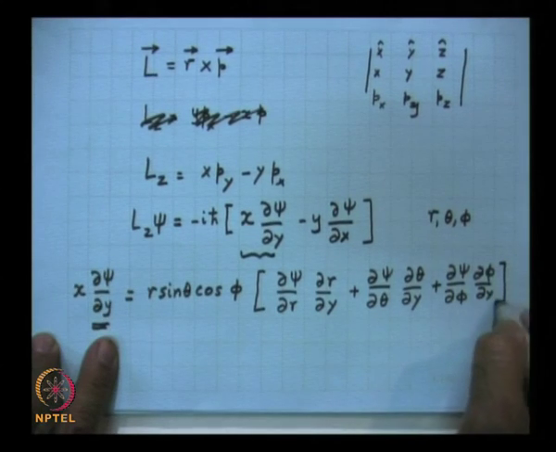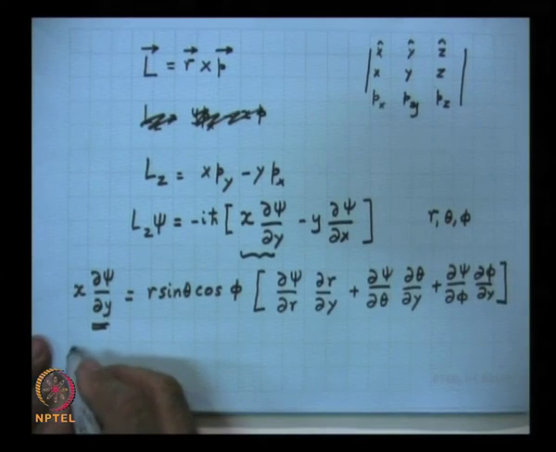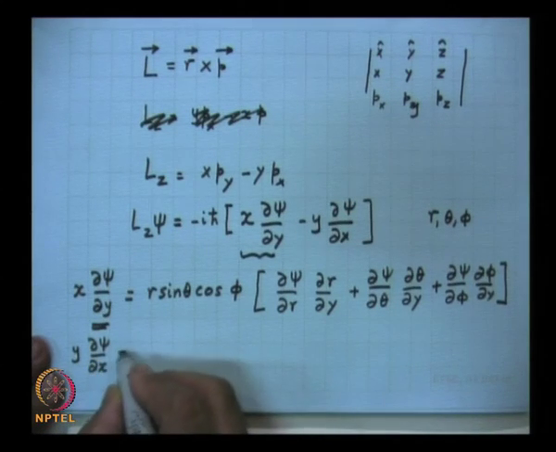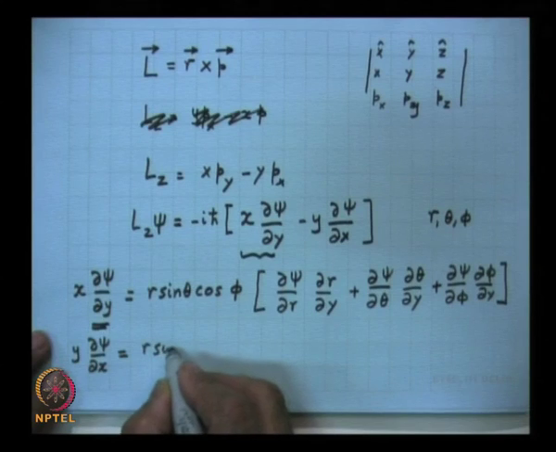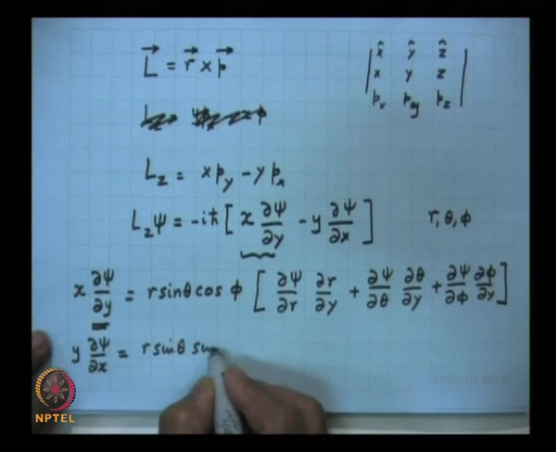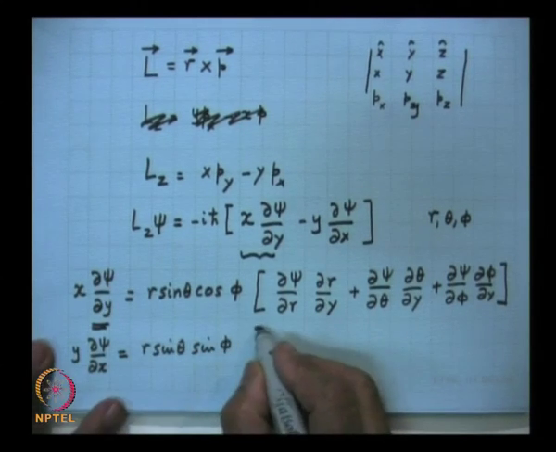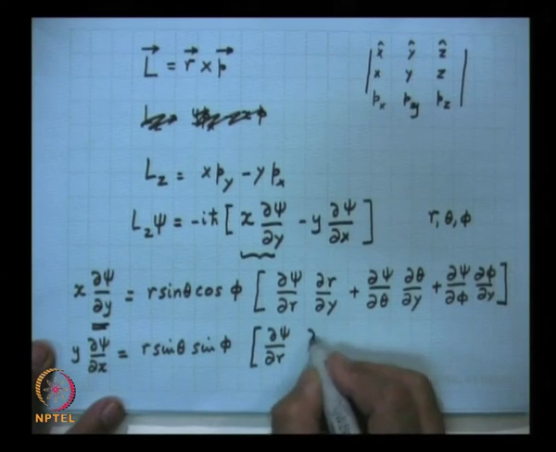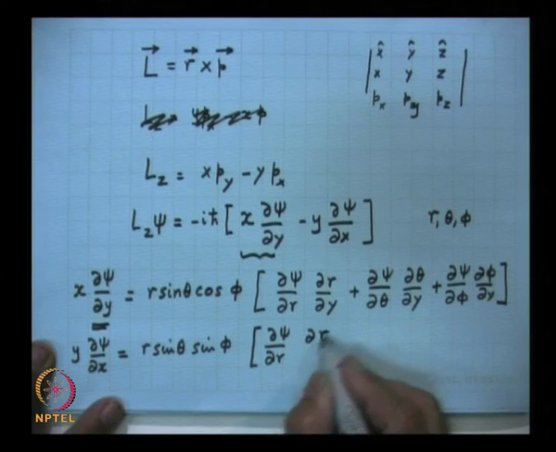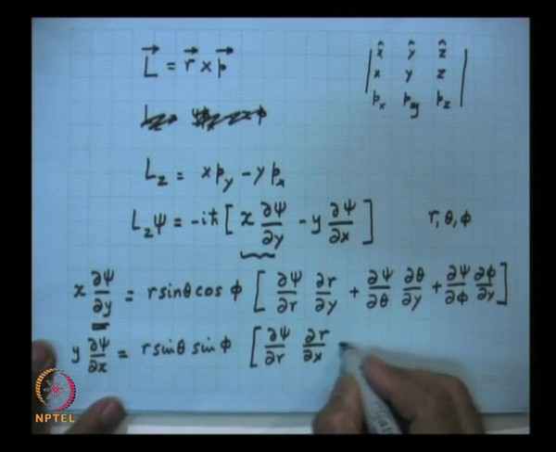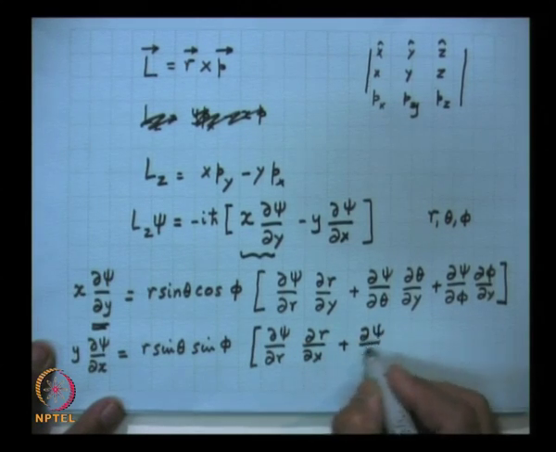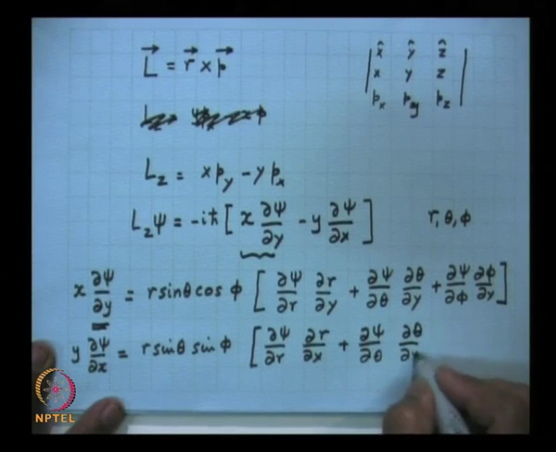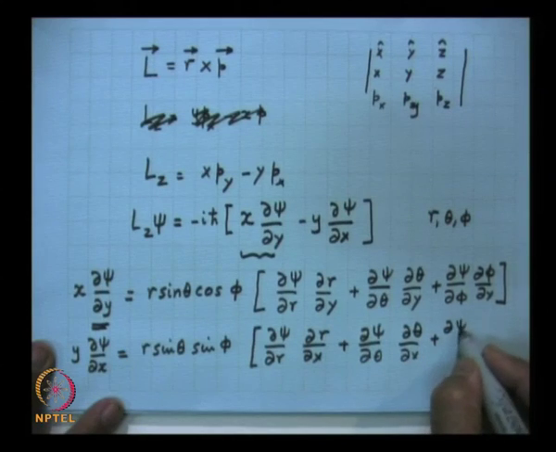This is the first term, and the second term will be y delta psi by delta x, and this will be r sin theta sin phi, and delta psi by delta x will be delta psi by delta r delta r by delta x plus delta psi by delta theta delta theta by delta x plus delta psi by delta phi delta phi by delta x.